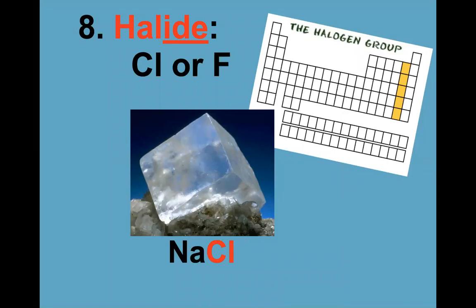Sodium is a metal, so if you have a metal and then anything from the halogen group, but most commonly it'll be chlorine or fluorine, then those minerals are in the halide group. So there we're getting the hal from halogen, but then we also have the ide again. So this would be the halide family.